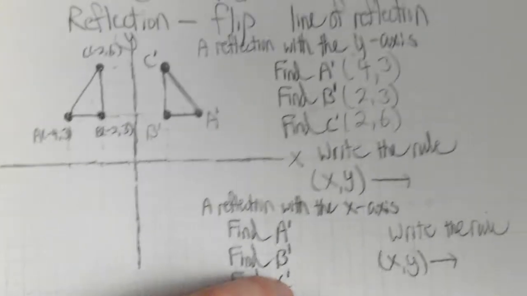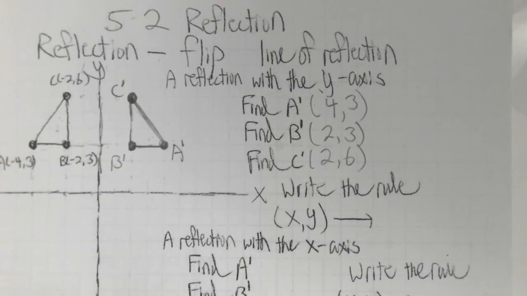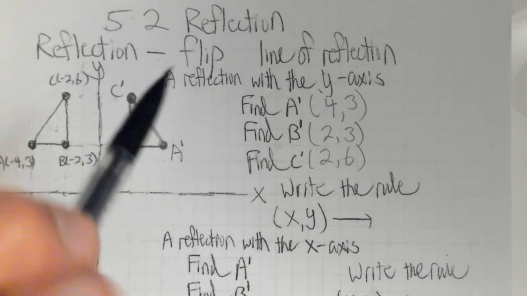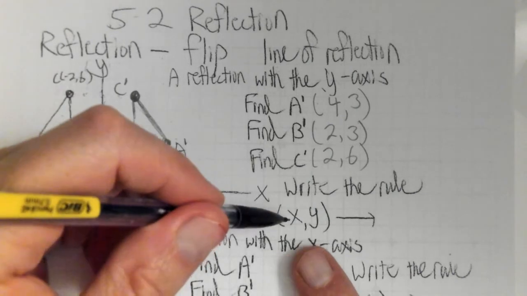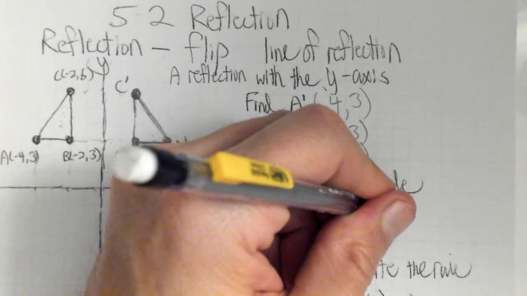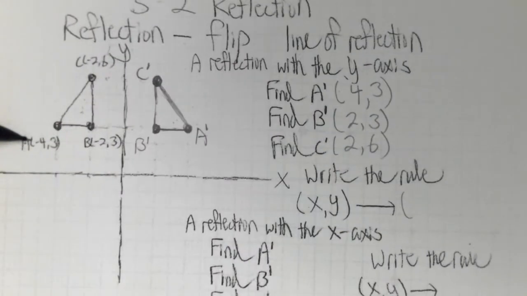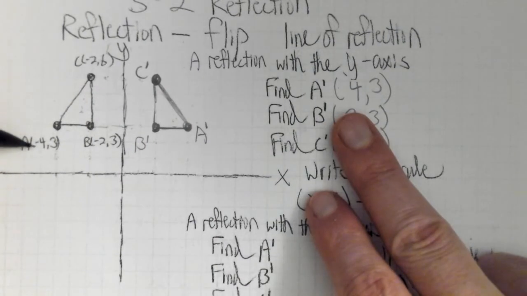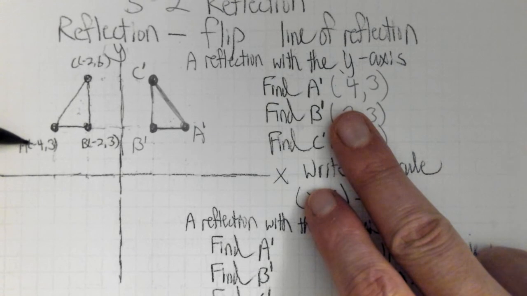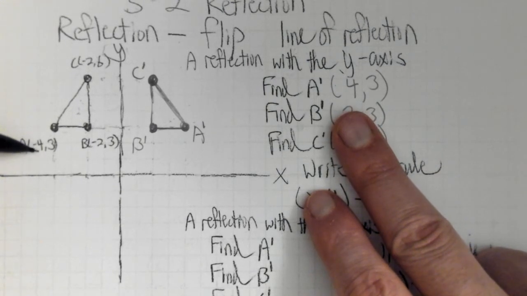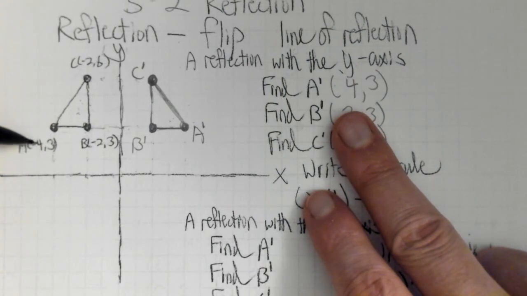We need to go ahead and see if we can write a rule for this. Let's see if we can come up with a rule. What happens to the x coordinates to go from A to A prime? It went from -4 to 4, right? So I think I got it. It should be add 8. So -4 plus 8 is +4.